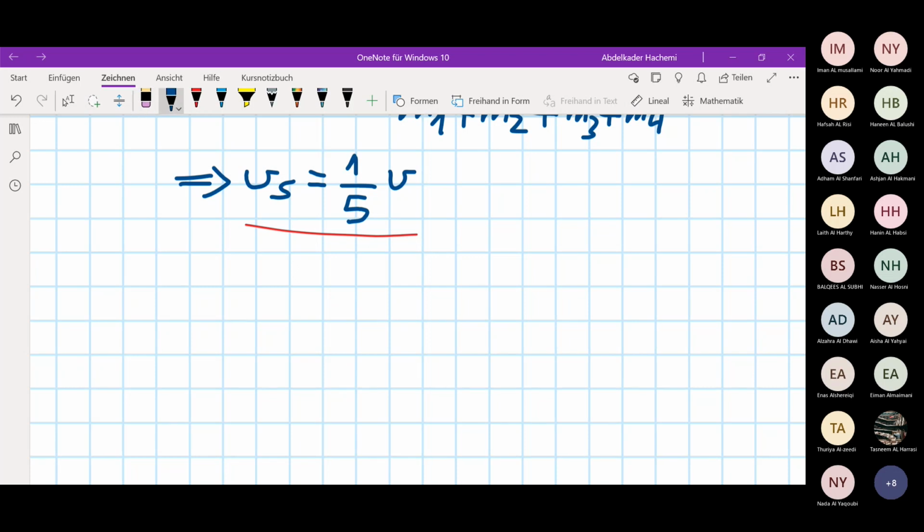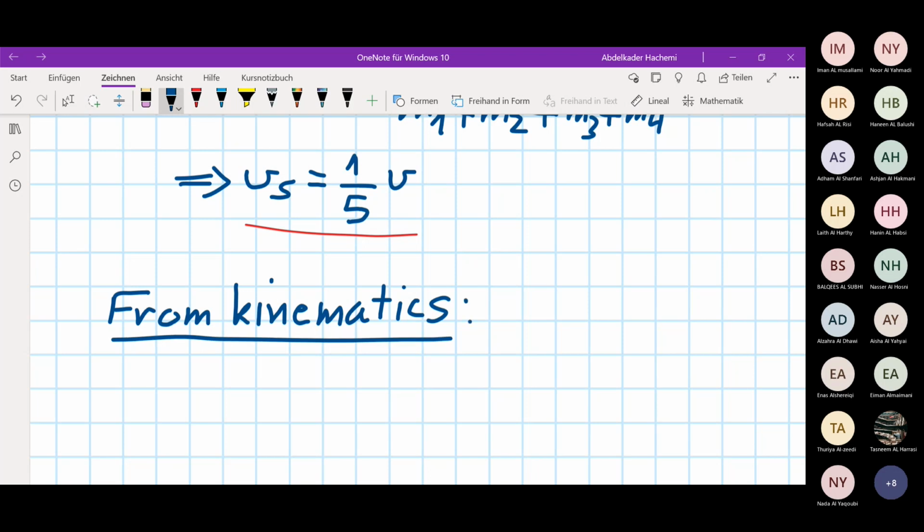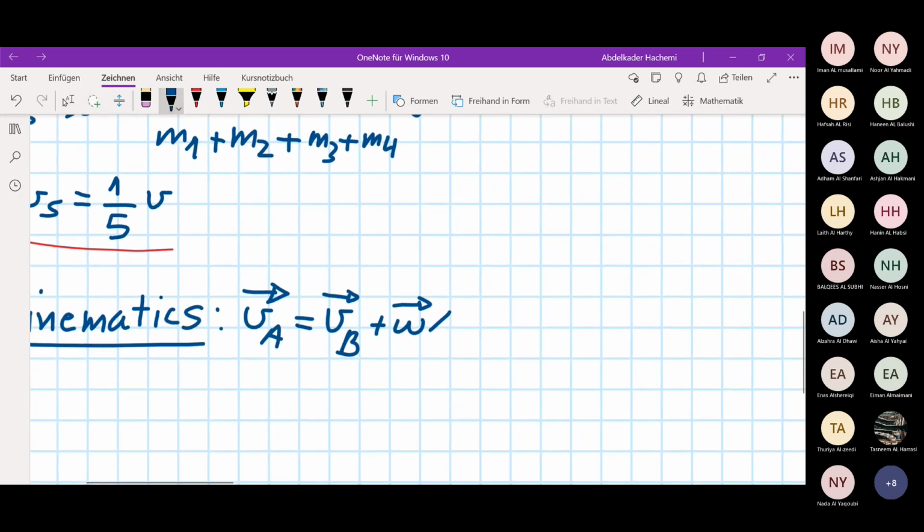I write here from kinematics, we have the velocity at any point E equal to the velocity of the point, for example B, plus omega cross R BE.